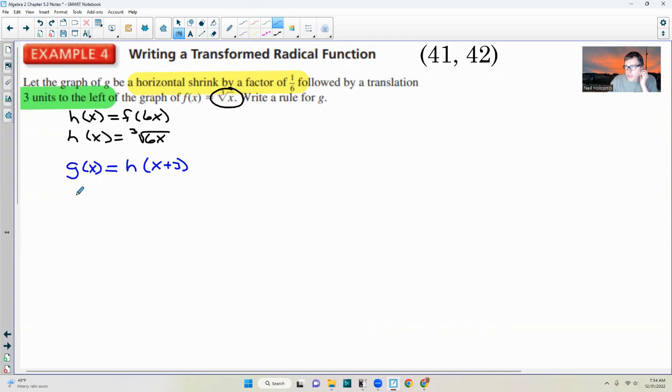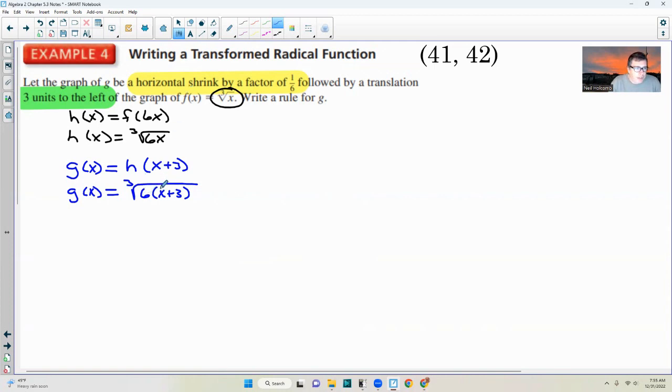Okay, so now g of x is going to become the cubed root of, and I'm going to take that 6x, and just take the x portion of it and add 3 to it. So that is a horizontal shift to the left, followed by a horizontal shrink of 1/6.